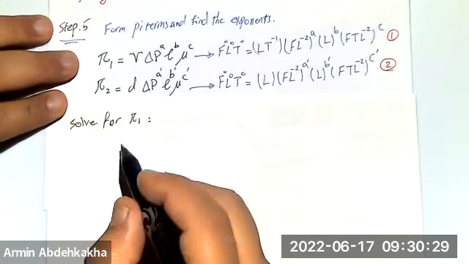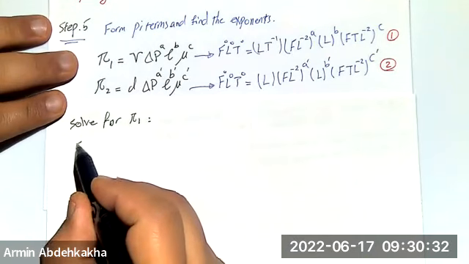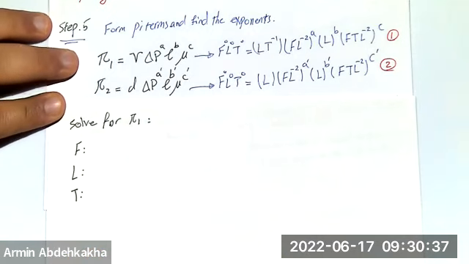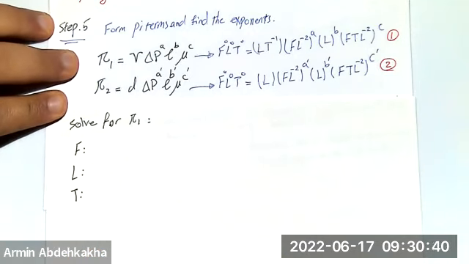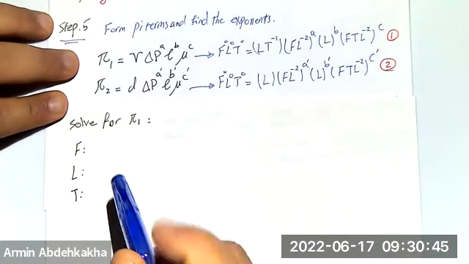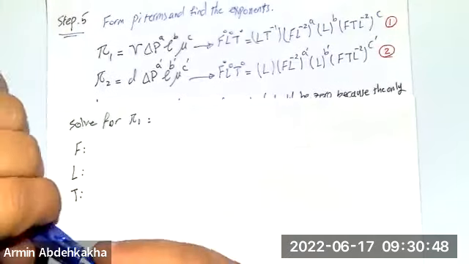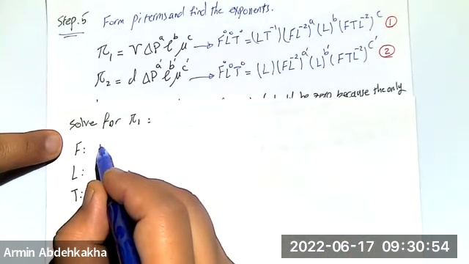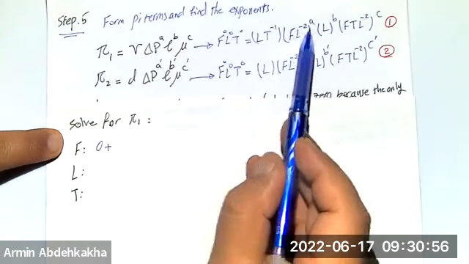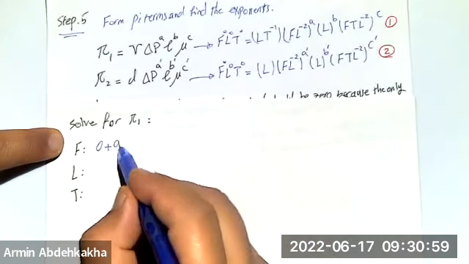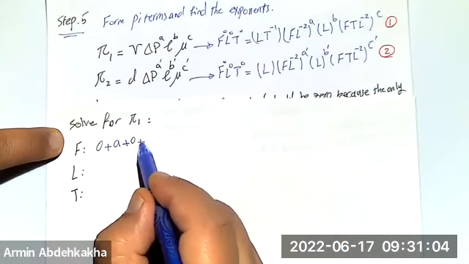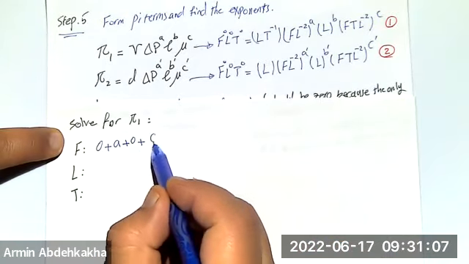So for pi 1, you need 3 equations: F, L, and T. For F, the answer should be 0. The first term is 0. The second term has F as A plus B1 is 0. And the last one is C equal to 0.